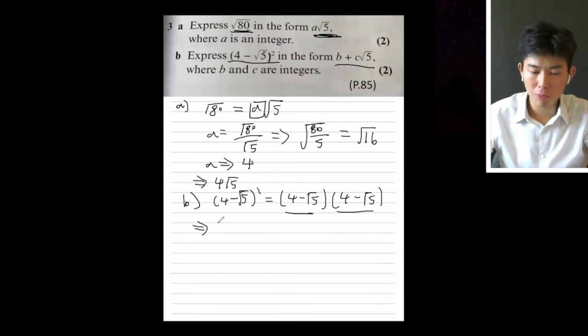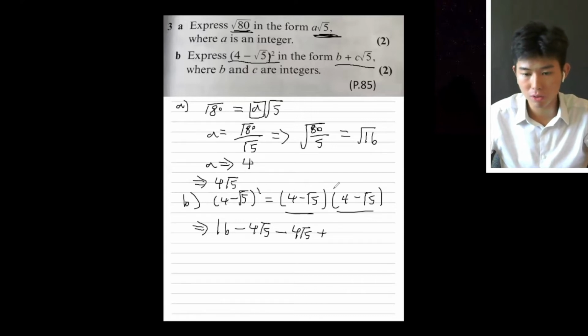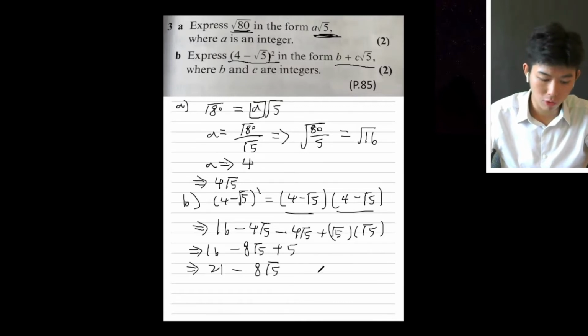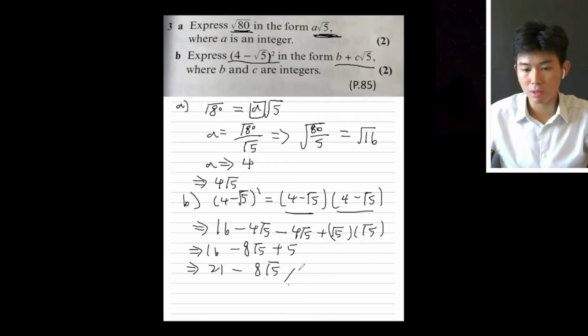So 4 times 4 would be 16, and 4 times minus root 5 would be minus 4 root 5, minus 4 root 5 plus, because negative times negative would be positive, root 5 times root 5. And next would be 16 minus 8 root 5 plus 5, because root 5 times root 5 would be 5. So next, the final answer would be 16 plus 5 would be 21 minus 8 root 5. And this is the final answer.